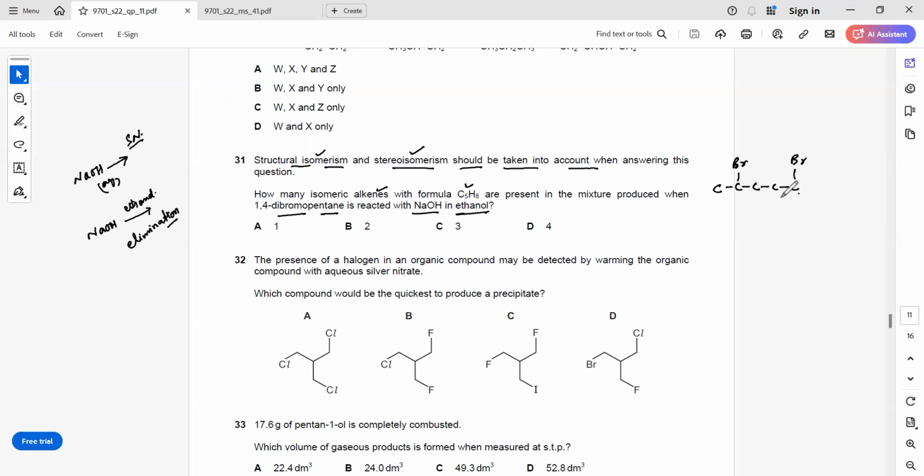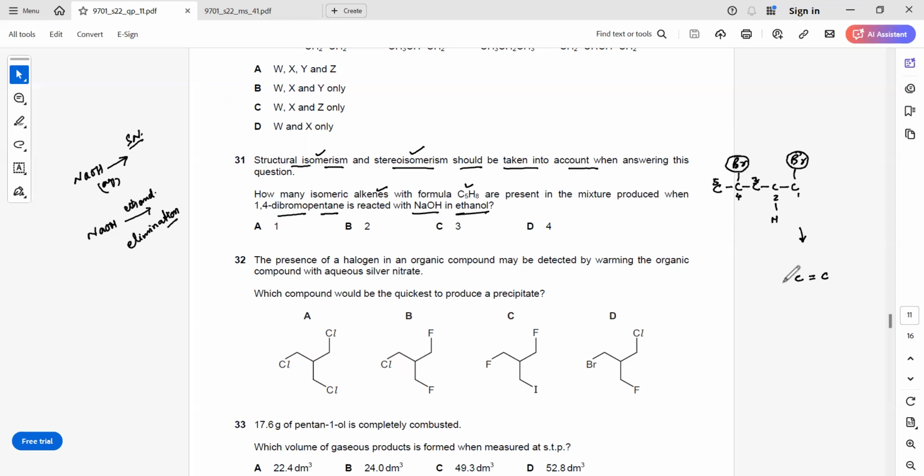So if one of the bromines is eliminated, hydrogen from carbon 2 will eliminate and it will give us carbon double bond carbon here. And similarly, 3, 4, and 5, this bromine can eliminate. Now, if this bromine eliminates, it can make a double bond either with carbon 3 or with carbon 5.